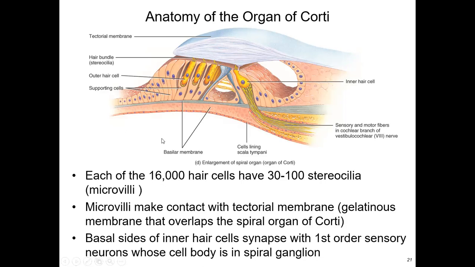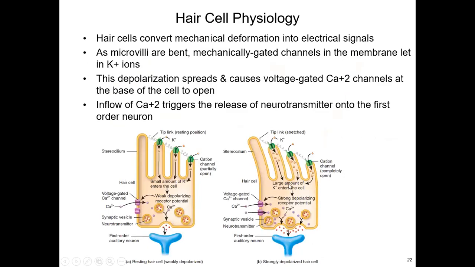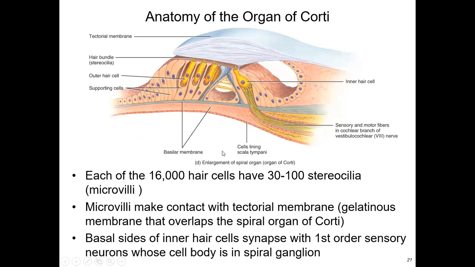So let's take a look at the animation here, and then we'll come back to look at actual hair cells. We'll be coming back to this view to see what happens inside hair cells once the hairs on the top are bent.